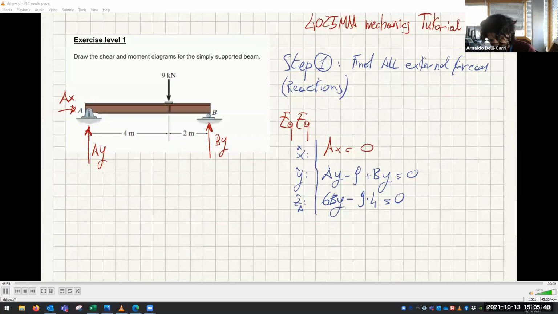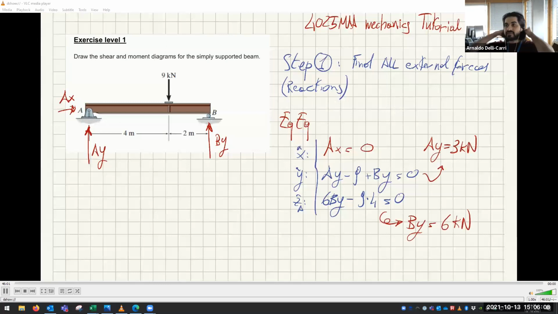So that means from this equation, I get that BY equals 9 times 4 divided by 6, which is 6 kilonewtons. And from the other equation, AY must be 3 kilonewtons because the sum of AY and BY must balance the 9 kilonewtons load. So these are the external reactions.